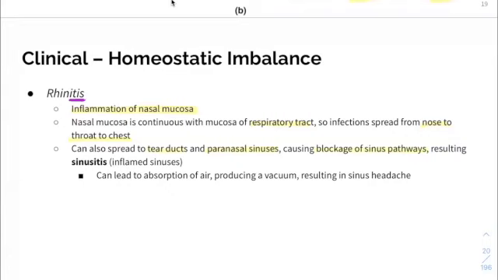So if you feel like you're congested, can't breathe out of your nose as well, it very well could be rhinitis causing sinusitis, when your sinuses start to get inflamed. So it starts usually as rhinitis, and then as it travels places, it can get into your sinuses and infect in there as well.